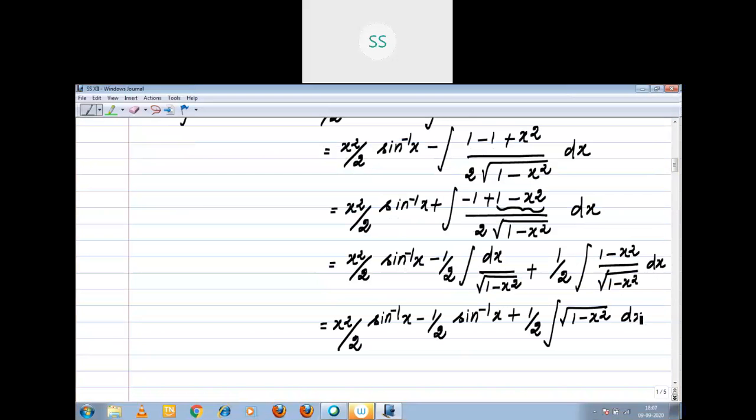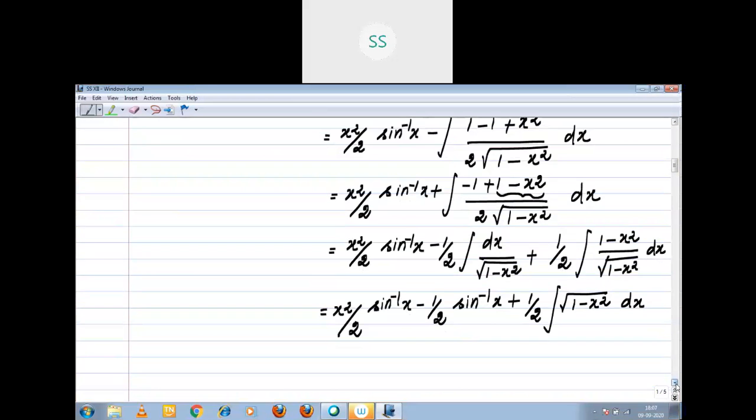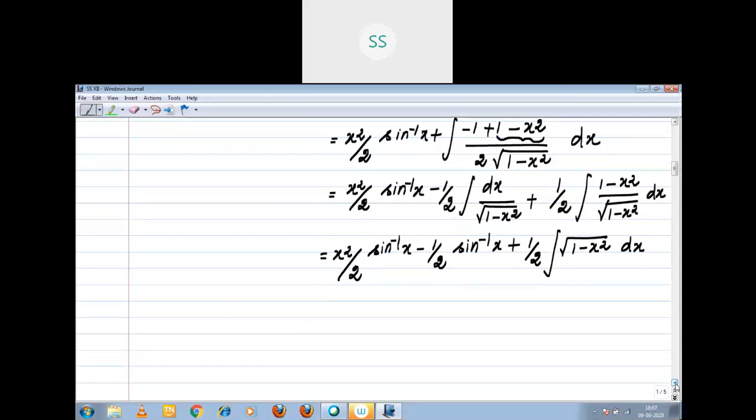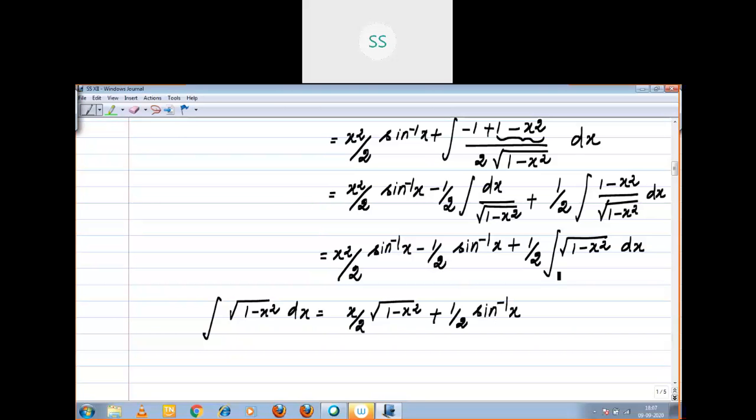That is also a formula, right? I will tell you the formula: integral root of 1 minus x square dx equals x by 2 into root of 1 minus x square plus 1 by 2 into sine inverse x. This is the formula, right?